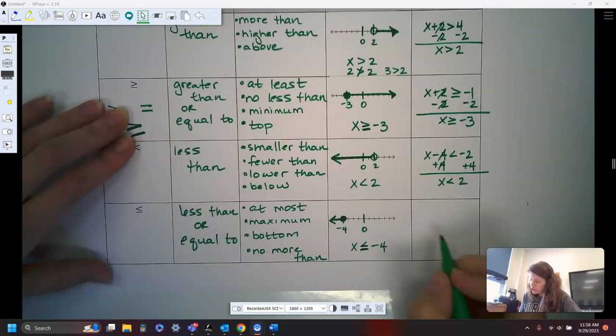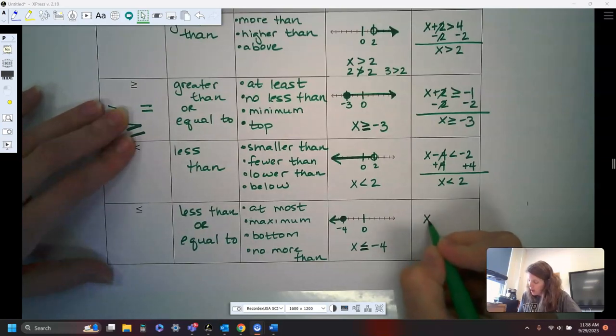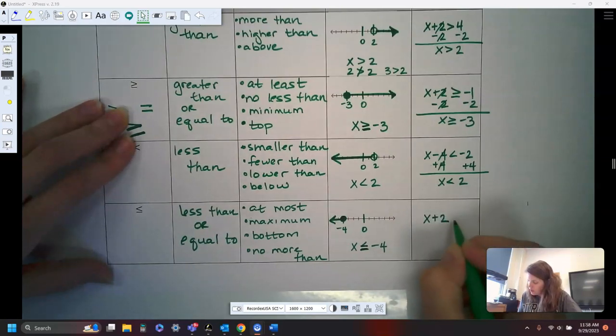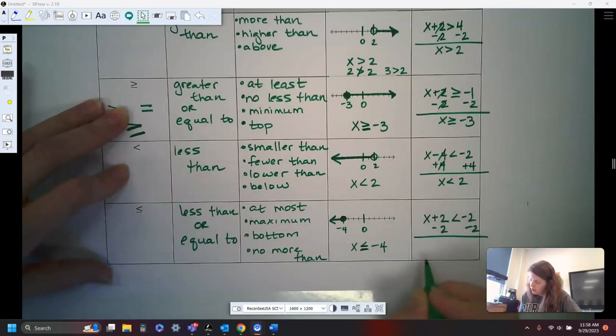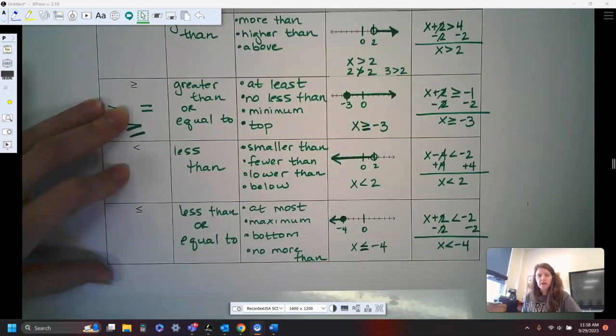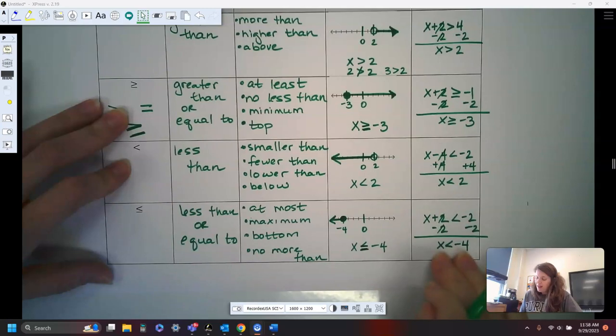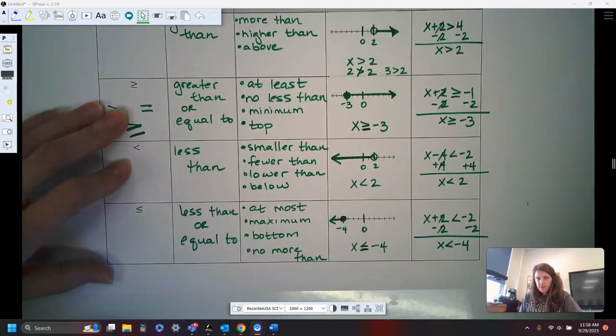So let's come up with an equation that gives you that. Let's say x plus 2 is less than or equal to -2. If I'm subtracting, I need to do -2 on both sides. When I solve, I cancel these. I get x is less than or equal to -4. So we have some examples of equations that would end like that, and this would be the graph that I would make of that equation.